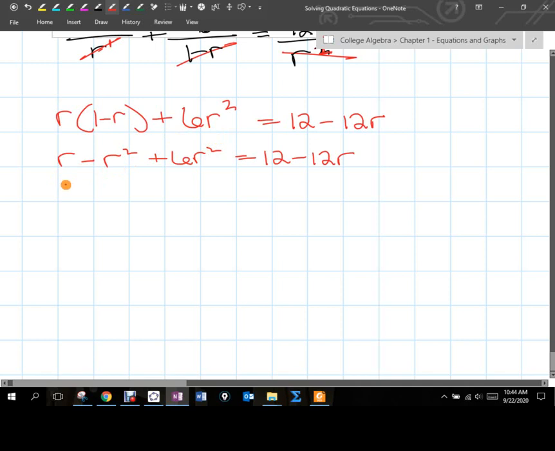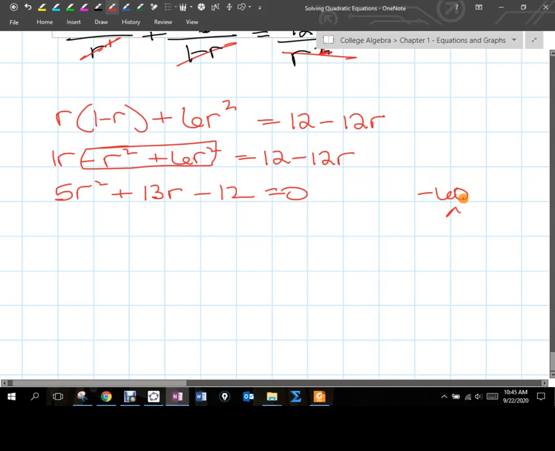What's that? 5R squared plus 13R minus 12 equals 0. I'm just trying to move everything over at once. Make sure I did that right. Those give me the 5R squared. I added 12R over here to the current 1R, which gives me 13R, and then I move my 12 over. Does that make sense? I'm going to try the AC method, so negative 60.